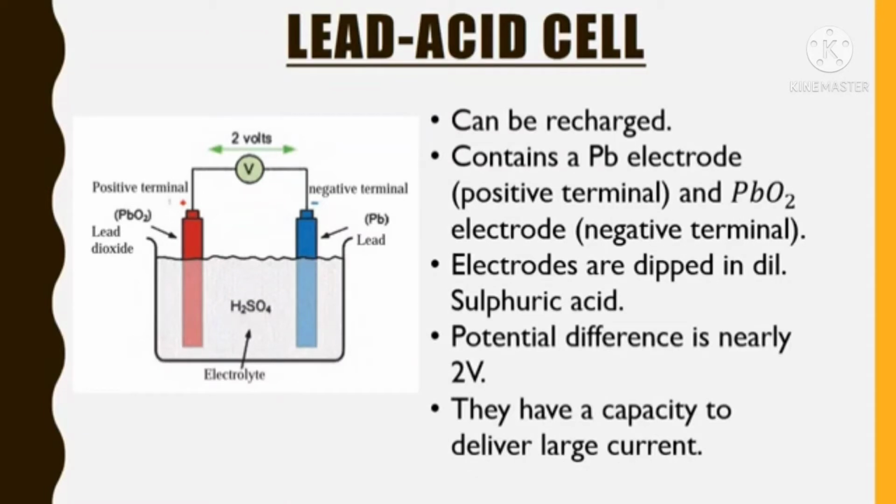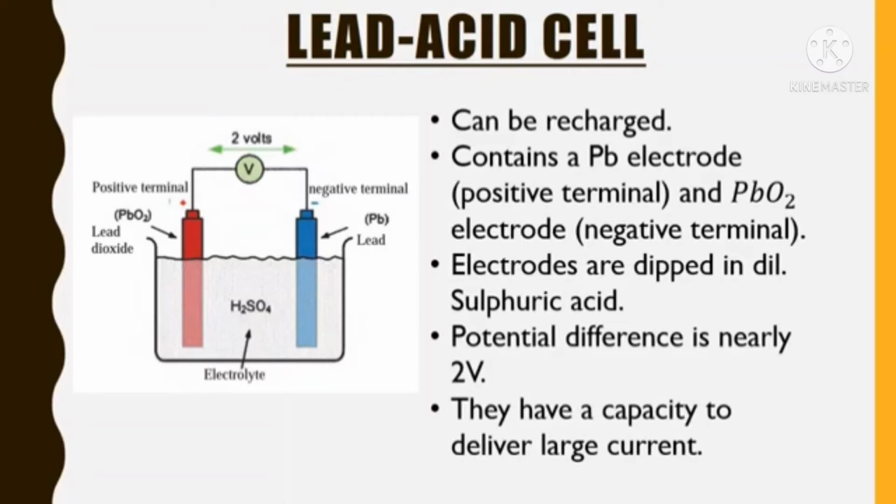It contains a Pb electrode. The positive terminal is called the lead oxide electrode, and there is a negative terminal, and the electrodes are dipped in dilute sulfuric acid. The potential difference is nearly 2 volts. They have a capacity to deliver large current.